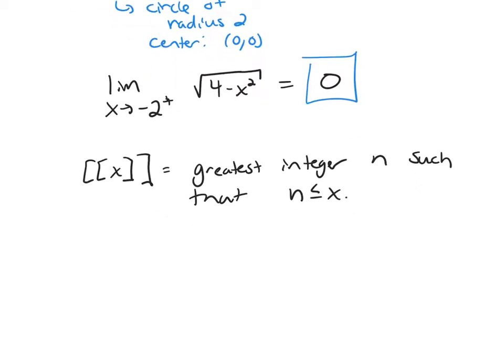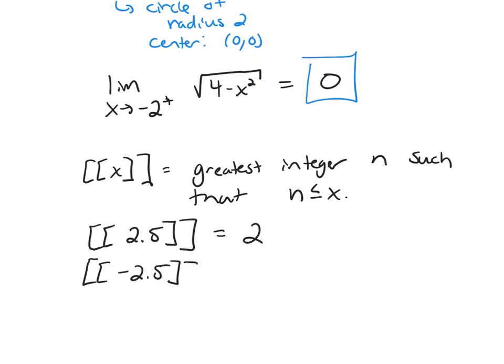You can think about it as essentially rounding down. If I take 2.5, this would be equal to 2. And if I do negative 2.5, remember it's negative, so rounding down, it would become negative 3.